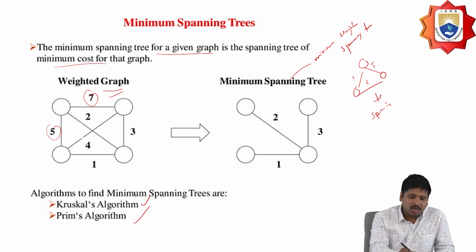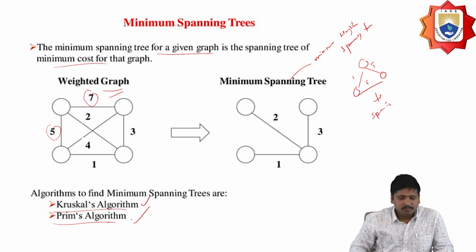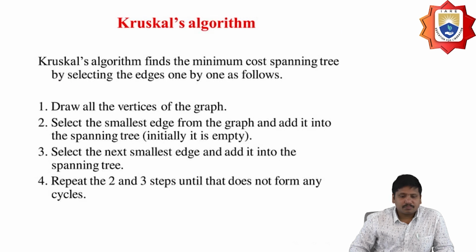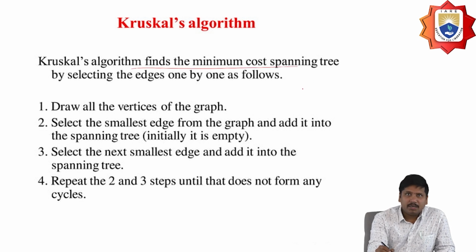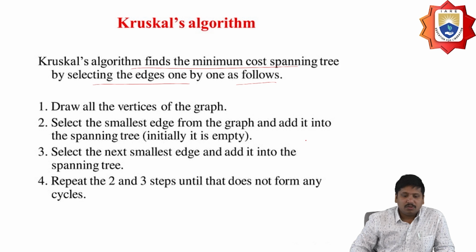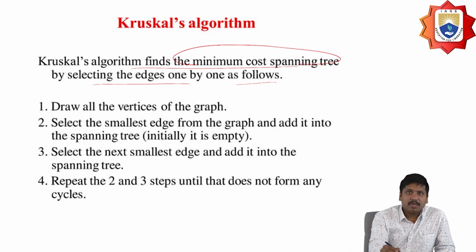For this we have 2 types of algorithms: Kruskal's algorithm and Prim's algorithm. So what is Kruskal's algorithm? Kruskal's algorithm finds the minimum cost spanning tree by selecting the edges one by one as follows.